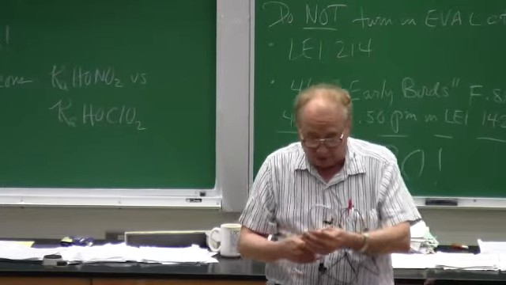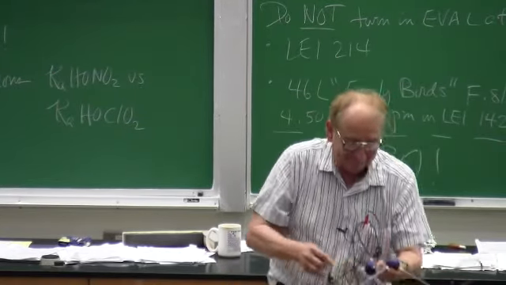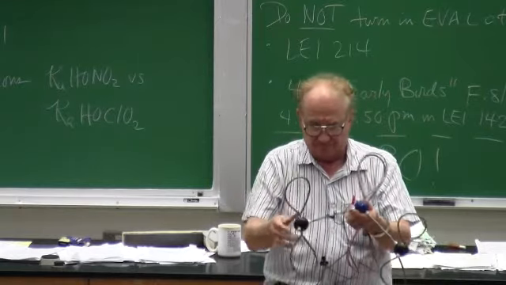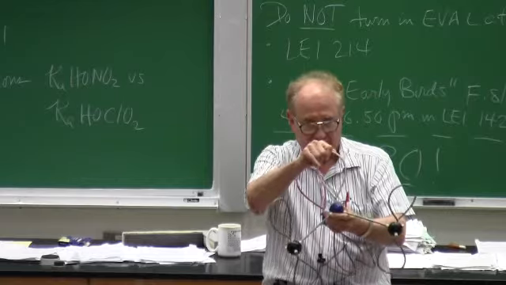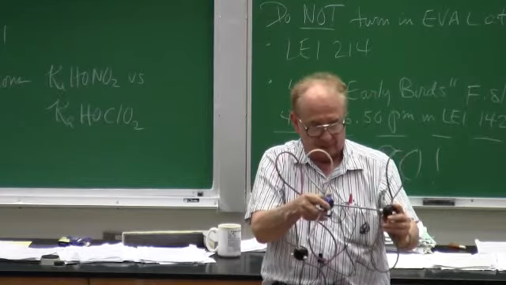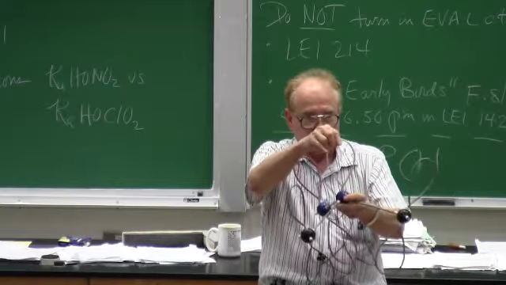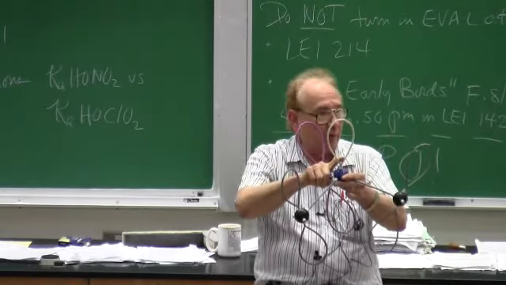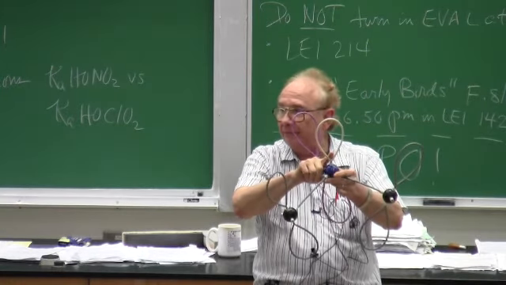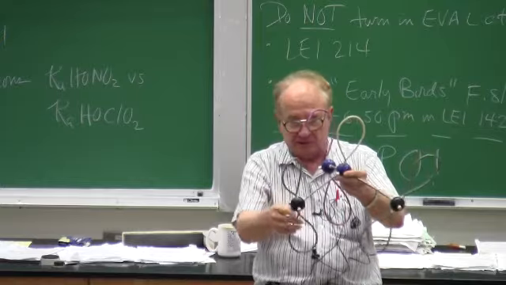Well, let's take a look at a model of the other character. And we'll take one of these loops to simulate one lobe of an orbital which the chlorine atom will have available for pi bond formation.